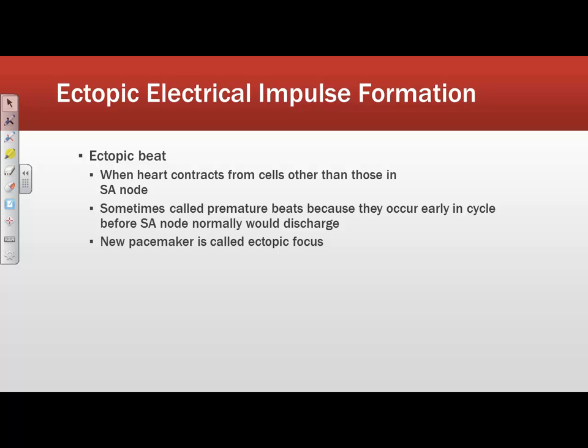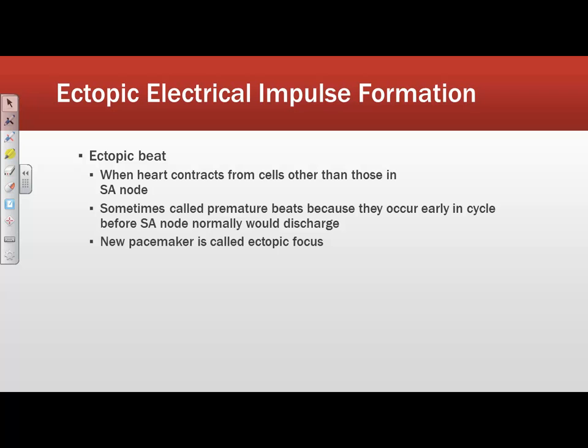This would be identified as a complex that is originating somewhere other than the SA node. And remember last week I asked you, how would you know that something's originating in the SA node? You would have a P wave. Remember, P wave indicates what? Atrial depolarization would be shown on a rhythm strip as a what?